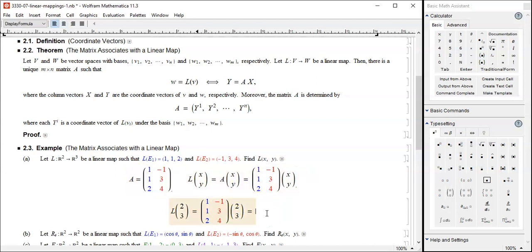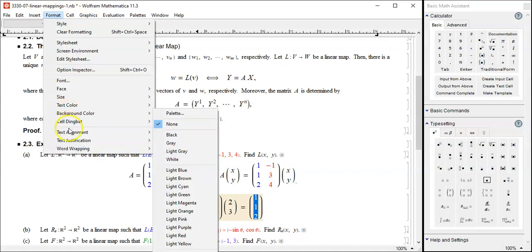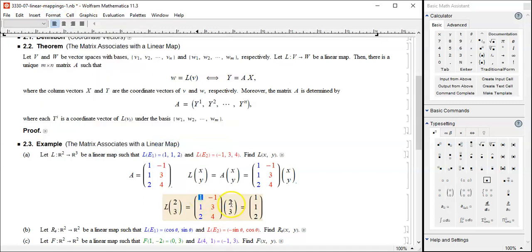Copy and paste this thing, and I don't want the second column. Okay, 2 times 1, negative 3 times negative 1, so 2 minus 3. And then 2 times 1, 3 times 3, so 2 plus 9. And 2 times 2, 3 times 4, so 4 plus 12, is that it?